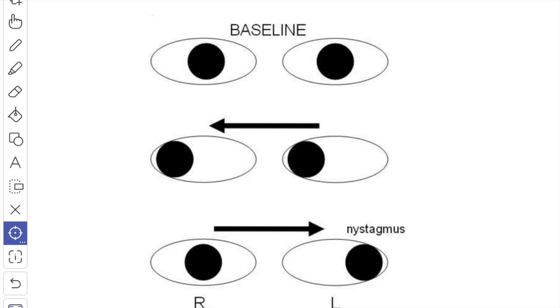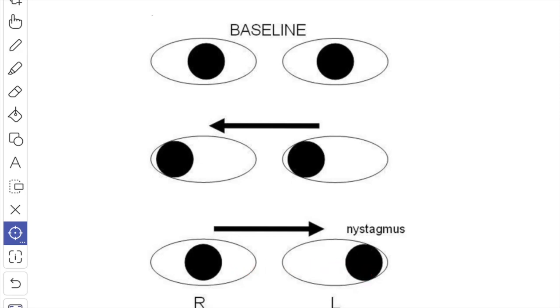When you ask the patient to look to the left, the patient is able to move the left eye to the left side, but the right eye cannot move to the left side, as the medial rectus is affected. So this is the isolated paralysis of the medial rectus muscle of the eyeball on the side of the lesion on an attempt of lateral gaze.